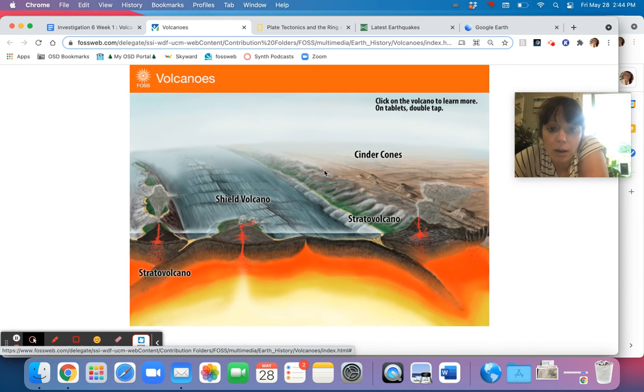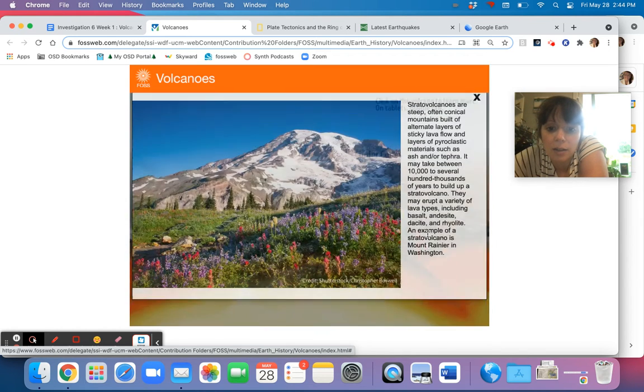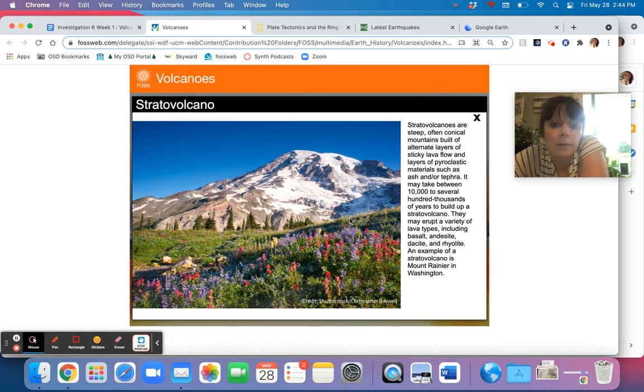And that's because Mount St. Helens and all of our volcanoes here along our coastline are called stratovolcanoes. So this is Mount Rainier. It's a stratovolcano. It's made of layers of ash and sticky lava. And because it's got sticky, chunky layers, the lava does not flow gently.